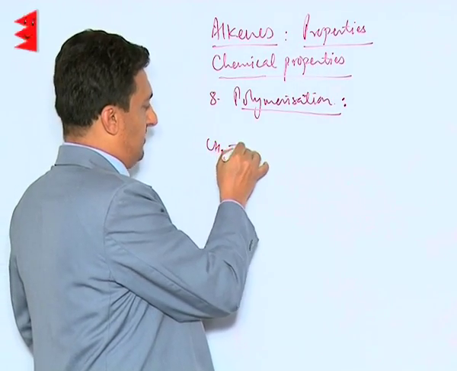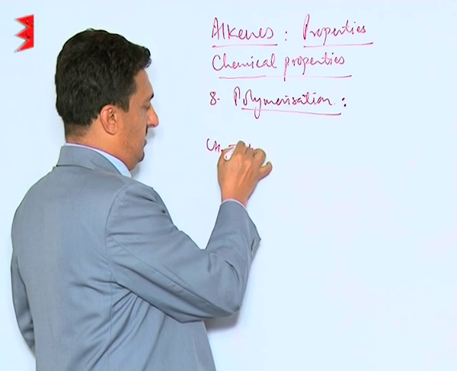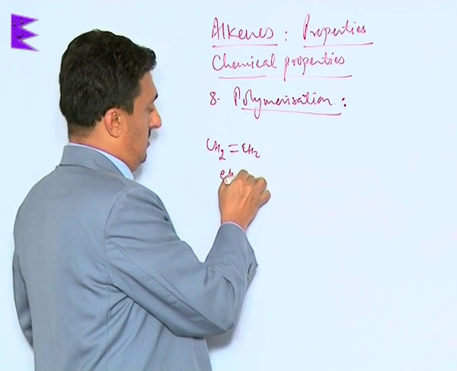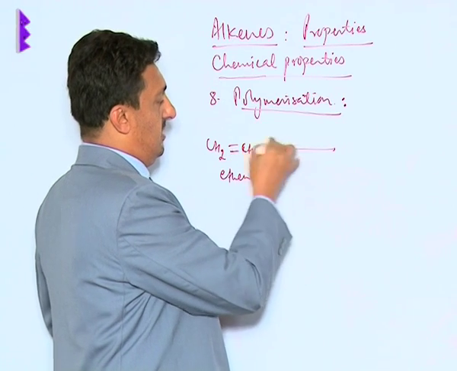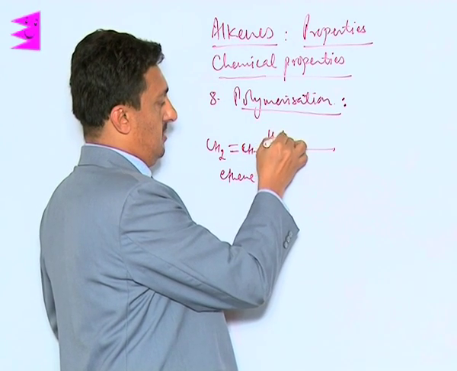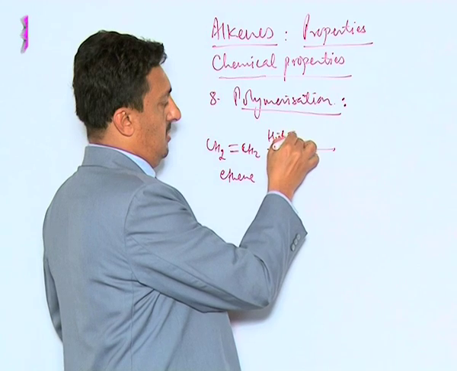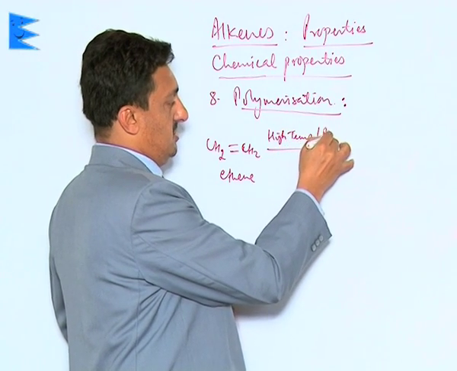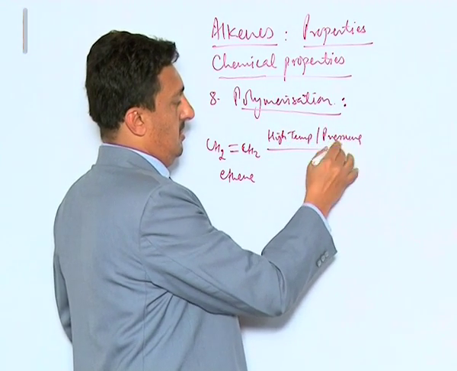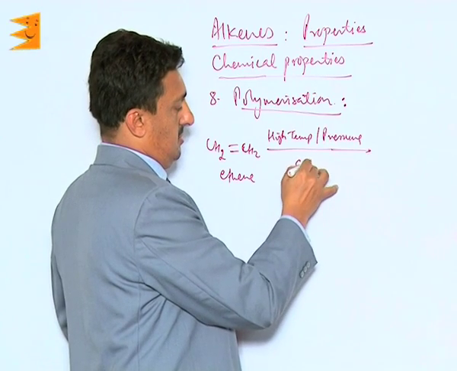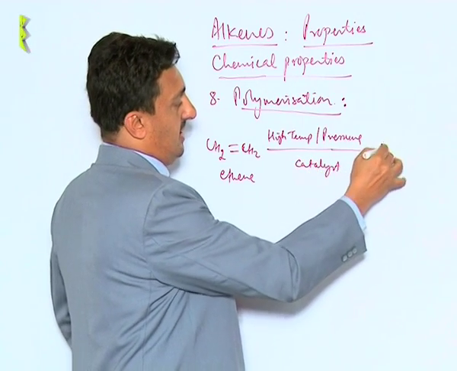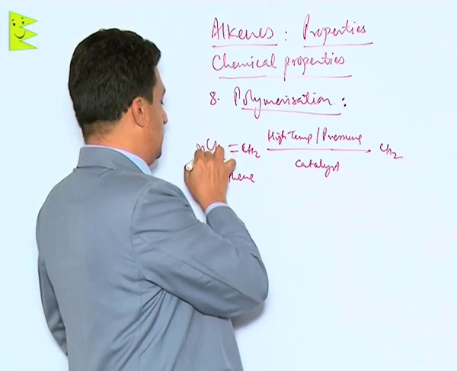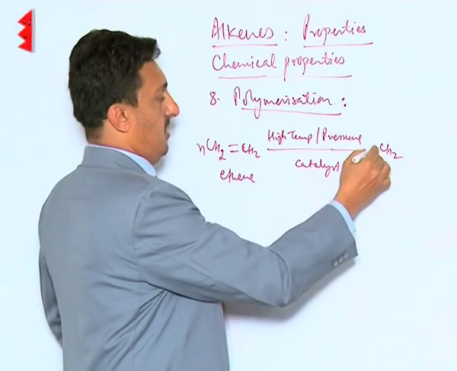The most common is this ethene molecule. This ethene molecule, under the influence of high temperature, pressure, catalyst, its n molecules combine to form what?